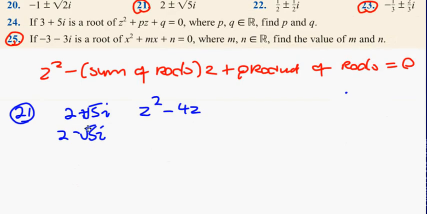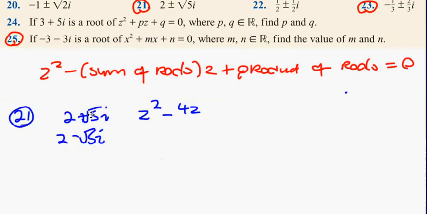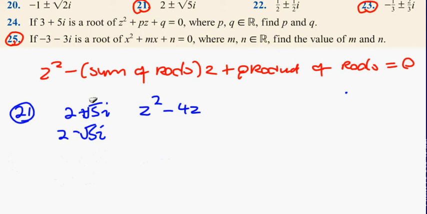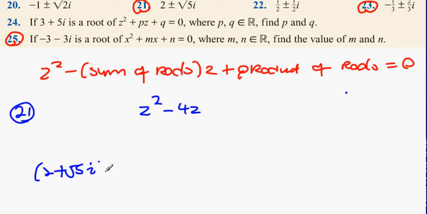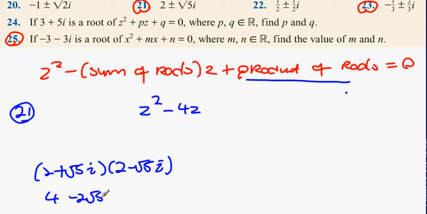So just track this. We got to multiply 2 plus root 5i by 2 minus root 5i to get the product of the roots. So we're going to get 4 minus 2 root 5i plus 2 root 5i.